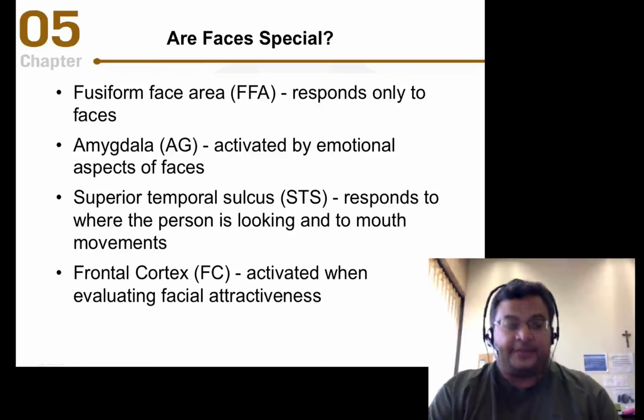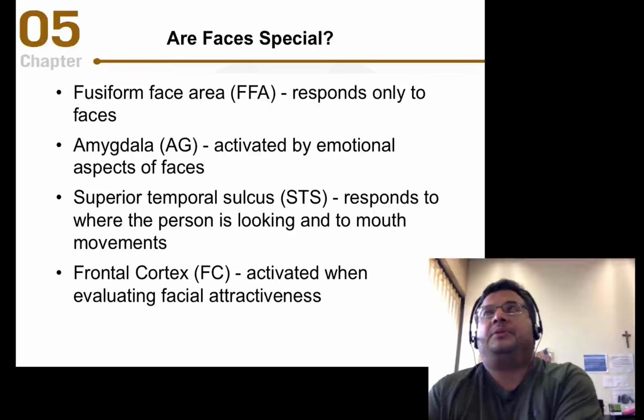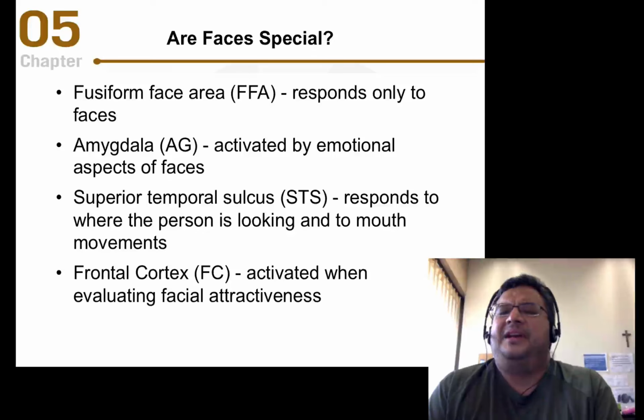Another question we have to ask ourselves when we're talking about perceptual areas of the brain is, what is it with faces? We seem to have special areas in our cortex that are devoted just to analyzing faces. We have this fusiform face area that only lights up when faces are presented.